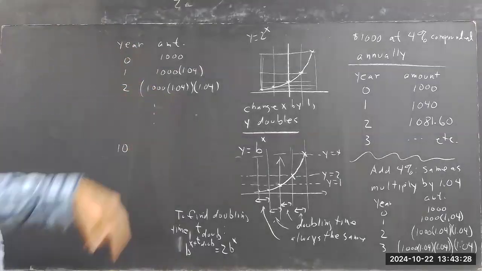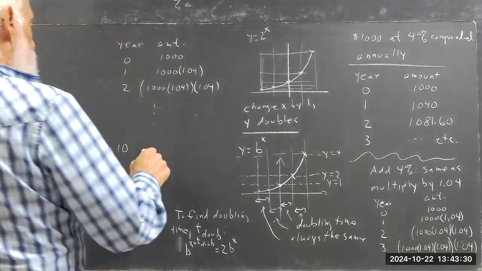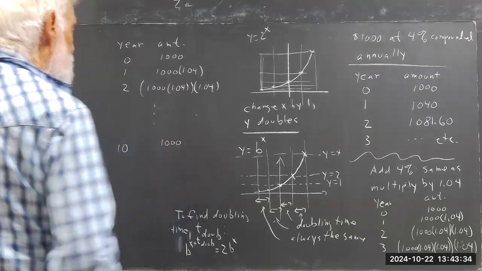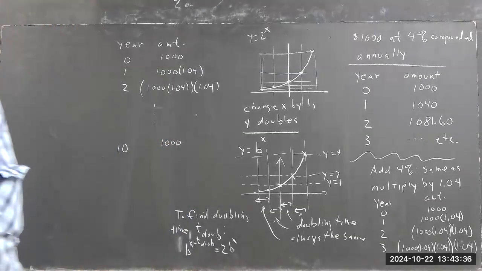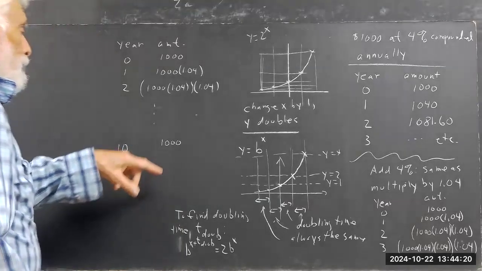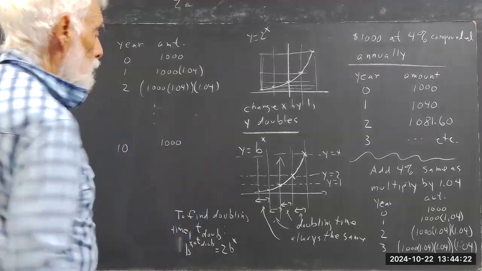We already see the pattern. So that in year 10, I don't want to write out all those 1.04s. Somebody tell me how I could write that out a little more efficiently. Okay, well, I could write out 10 1.04s here, right?